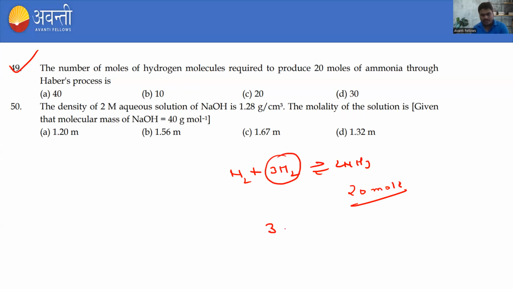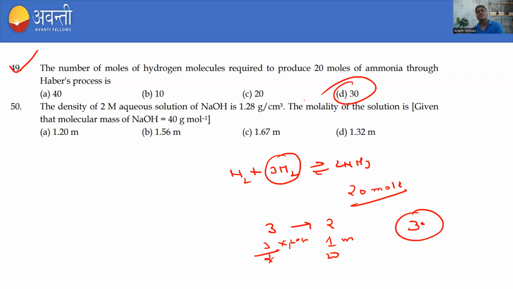We know that 3 mole of hydrogen produces 2 mole of ammonia. So for 1 mole of ammonia, you need 3/2 mole of hydrogen. For 20 moles, multiply 20 by 3/2, which is 30. So 30 mole of hydrogen is required to produce 20 mole of ammonia. Right? This is all about it.